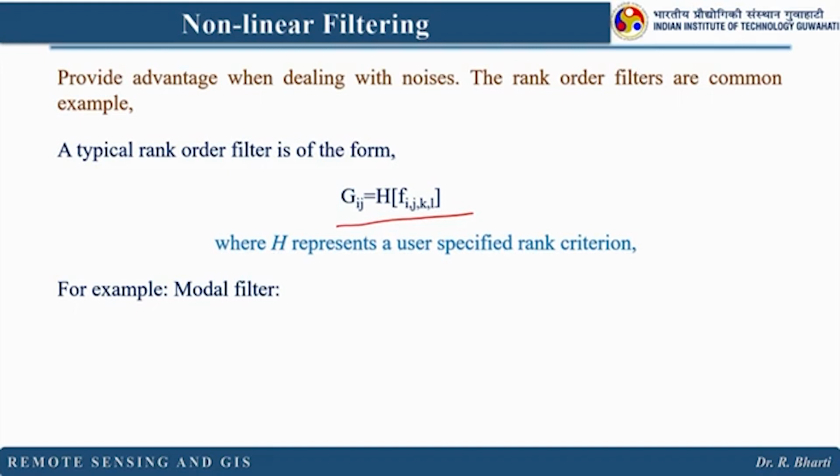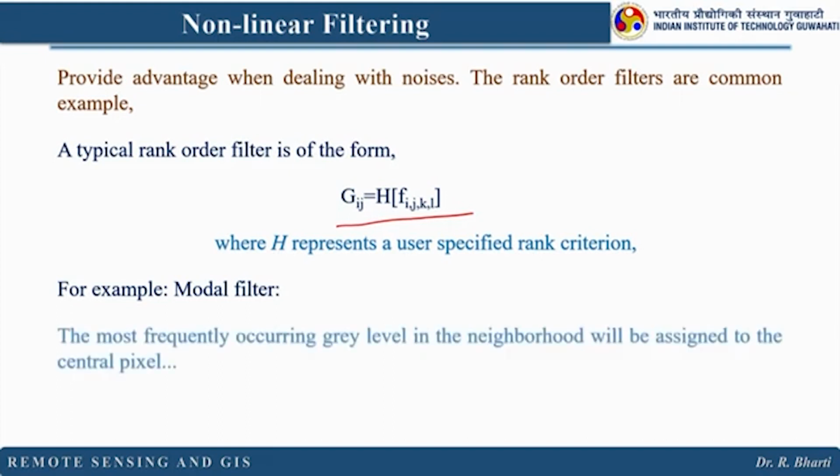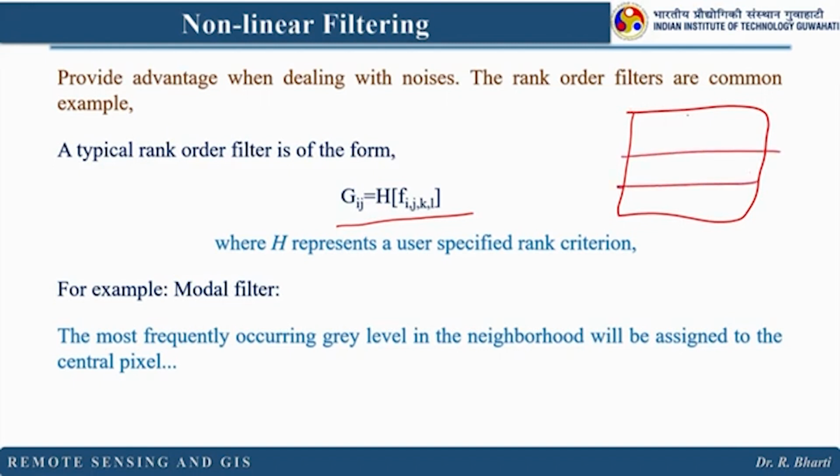So you must be familiar with all the basic statistics like mean, median, mode. So here we are going to apply this modal filter. The most frequently occurring gray label in the neighborhood will be assigned to the central pixel. So how do we do this? Let us assume that you have a very small image of 3 by 3. This is the neighborhood size, and here the most occurring gray label, right?